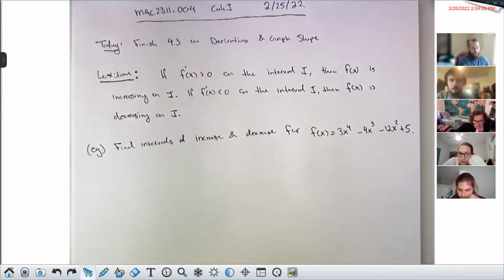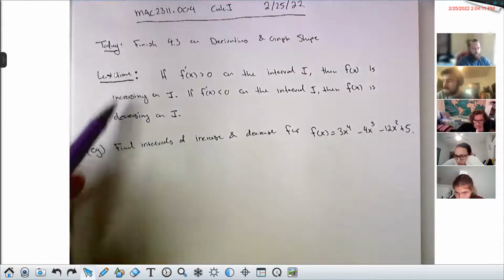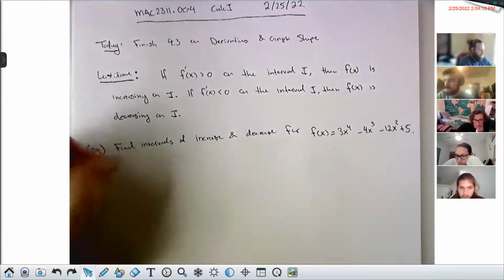So what we did last time was to take the derivative. Because we're trying to find intervals of increase and decrease, we'd like to use this main theorem.